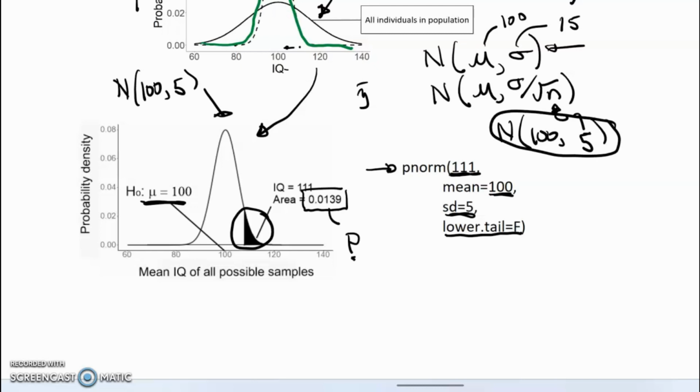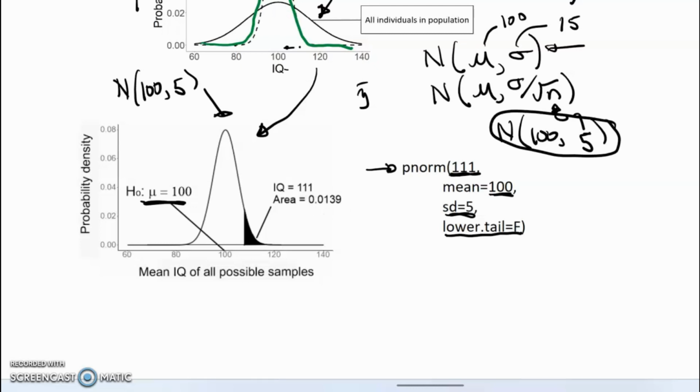And the letter P stands for probability because this is a probability. It's the probability of getting an average IQ of 111 or more based on a sample size of 9.